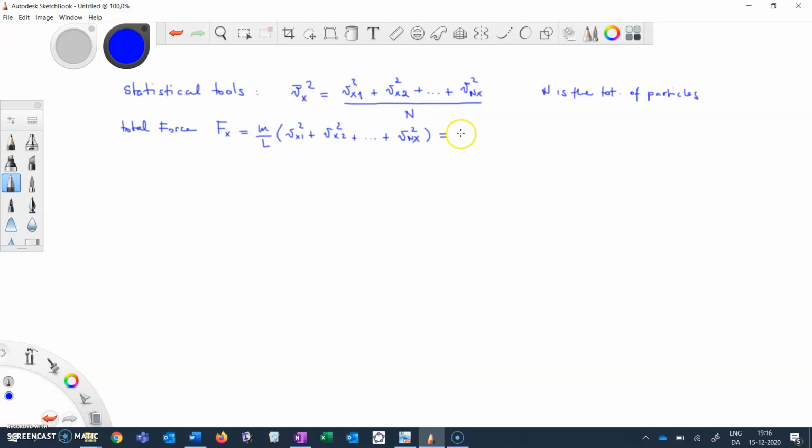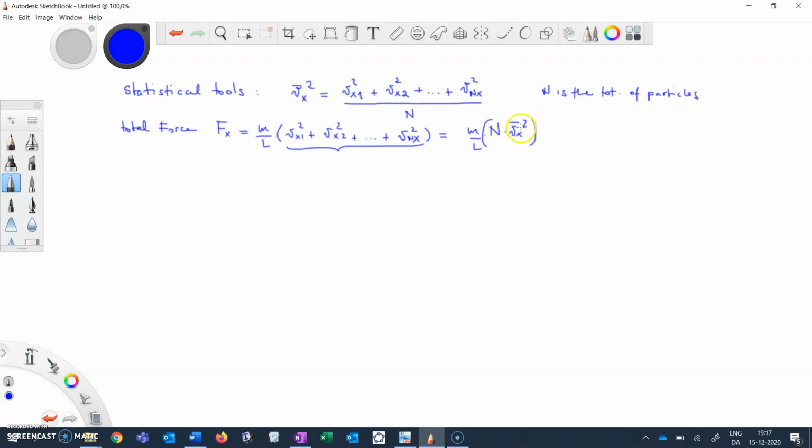And this means that I can rewrite this as m divided by L times n times Vx mean bar squared. So I can rewrite what I have in parentheses using this expression that I found over here as n times the average velocity in the x direction squared.